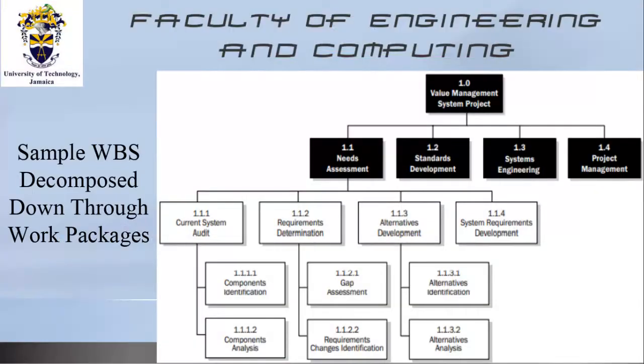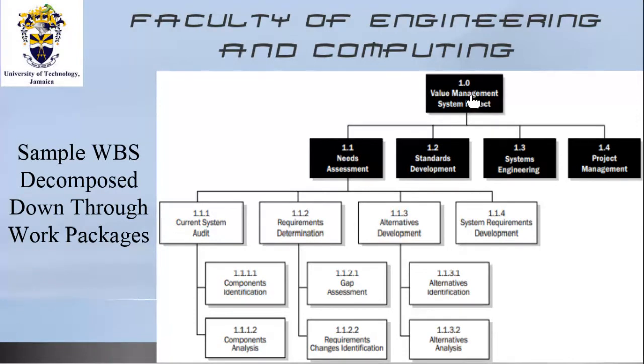So here we are, right? We have a simple project, and I want everybody to pay attention to the numbering. Let us say that this is a project, value management system, right? So that's what they call a project.